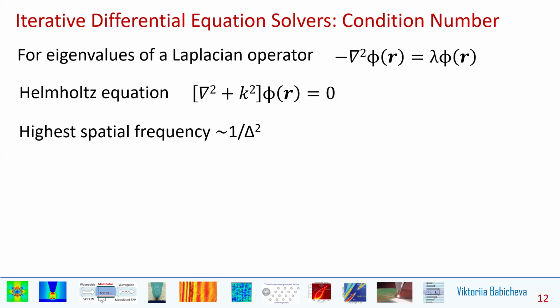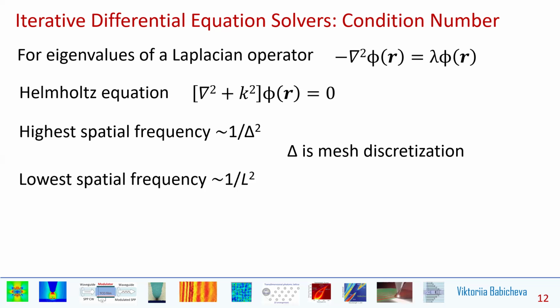This highest spatial frequency is proportional to 1 divided by delta squared, where delta is the discretization size of the mesh. The lowest eigenvalue is the lowest spatial frequency supported by the region, so it is proportional to 1 over L squared. Here L is the simulation region, and we often call it the characteristic size of the region.